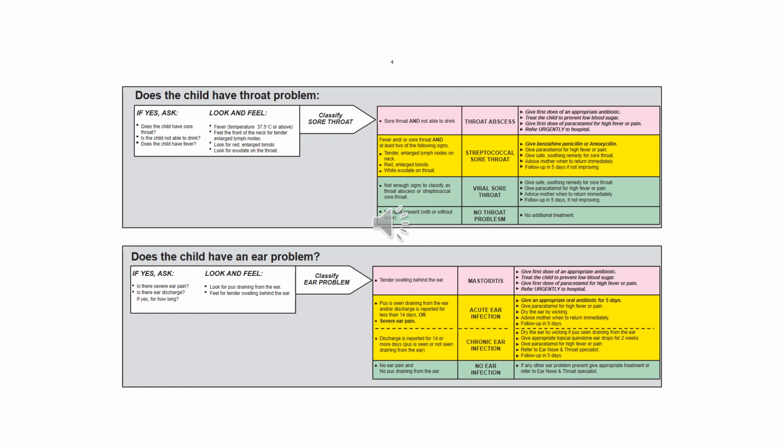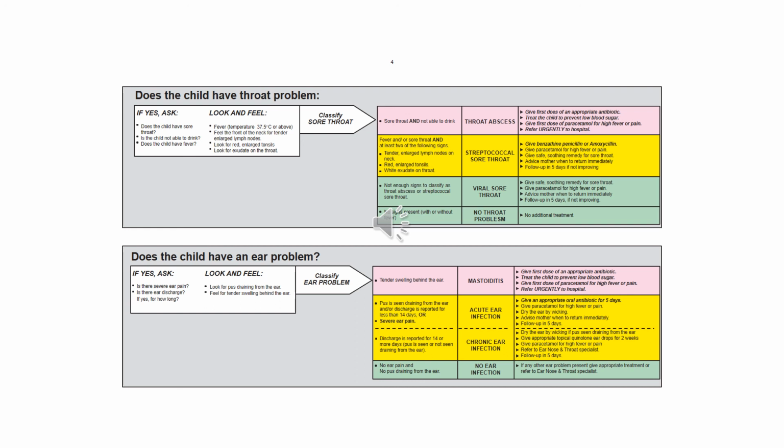In streptococcal sore throat, the appropriate antibiotic, benzathine penicillin or amoxicillin, is given for 5 days, and you give paracetamol along with it for fever and for pain. And you have to counsel the mother that she has to come back if there is some emergency problem relating to this issue, and she has to come for follow-up after 5 days.